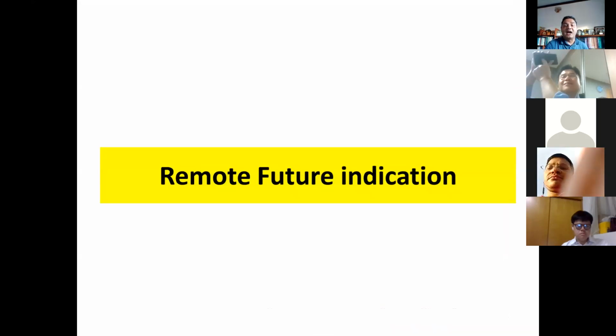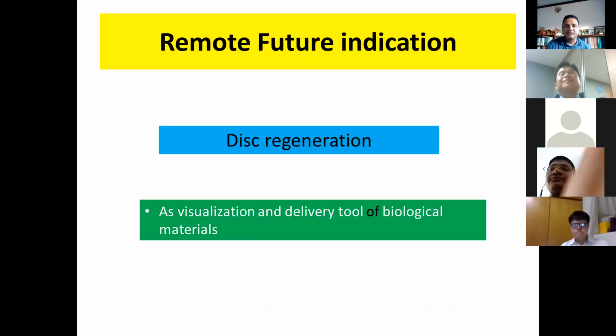And we have a remote future indication of the endoscope for spinal use in disc regeneration. We can use the endoscope as a visualization and delivery tool of biological materials.